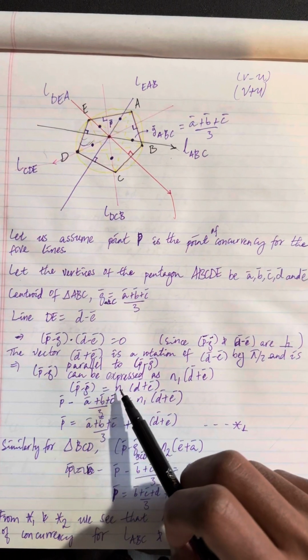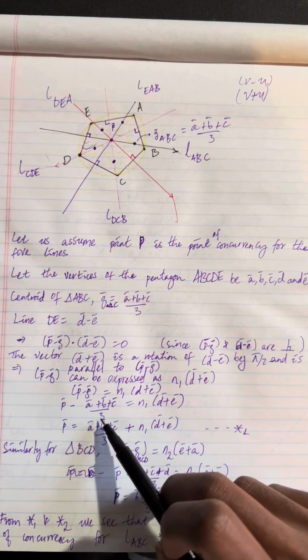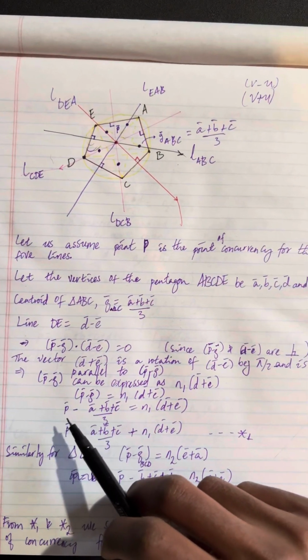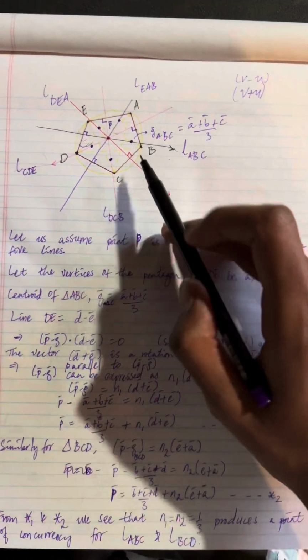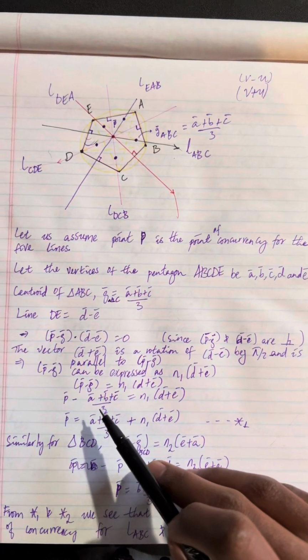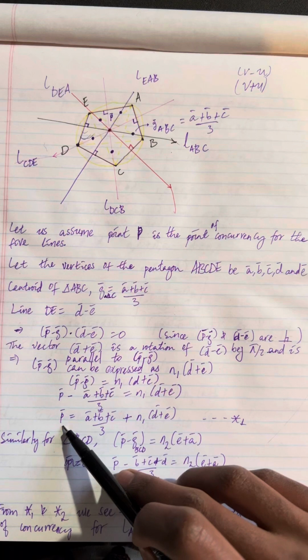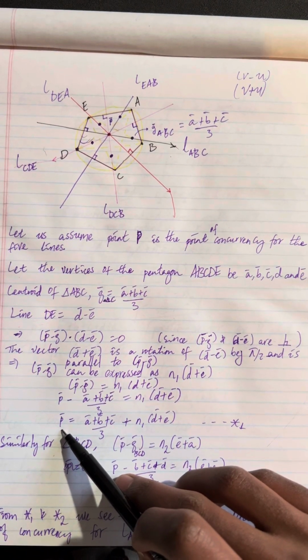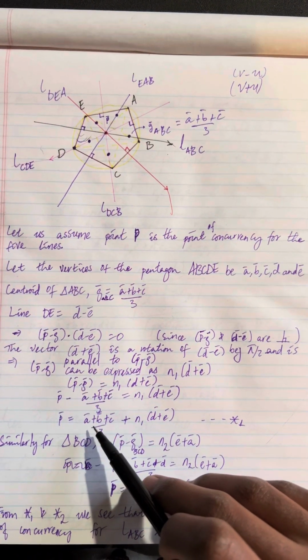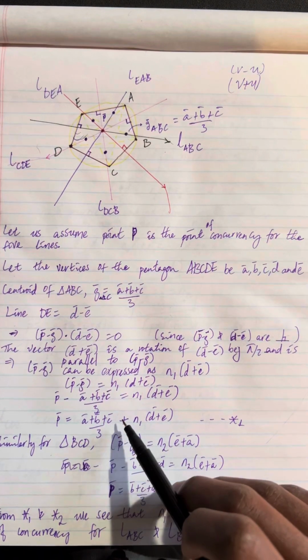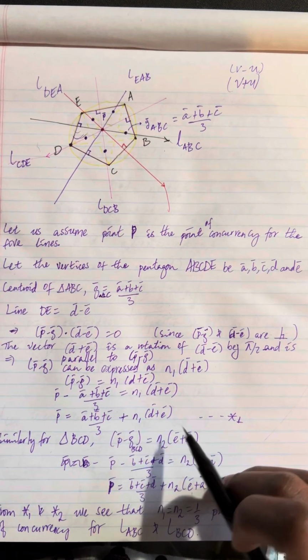So P minus G is n1 times D plus E, which is our discovery. And then the G is for the triangle ABC, which from your class is A plus B plus C over 3. And if you solve for the position vector P for the point of concurrency, it ends up being A plus B plus C over 3 plus n1 times D plus E.